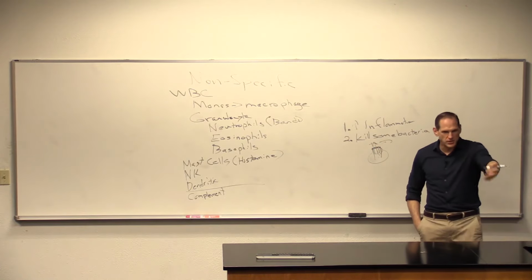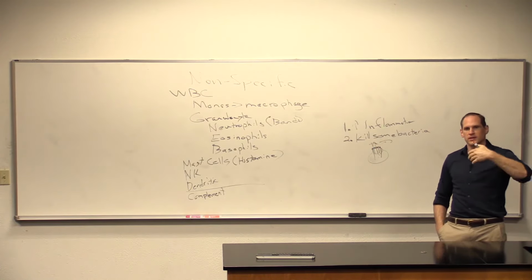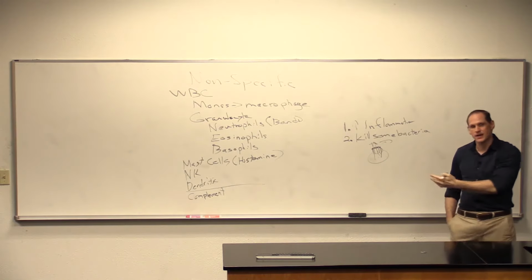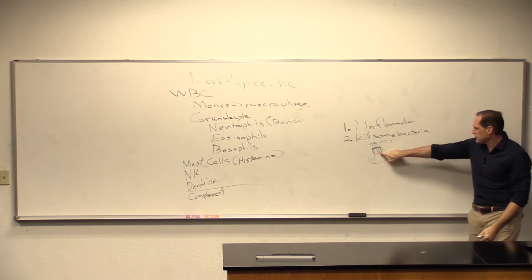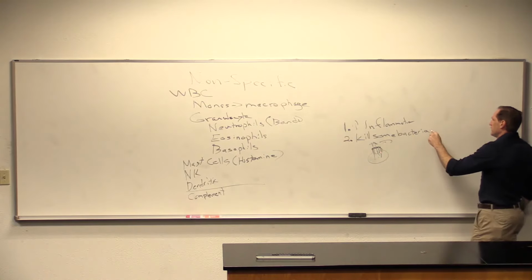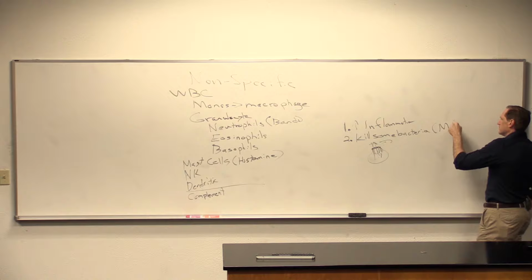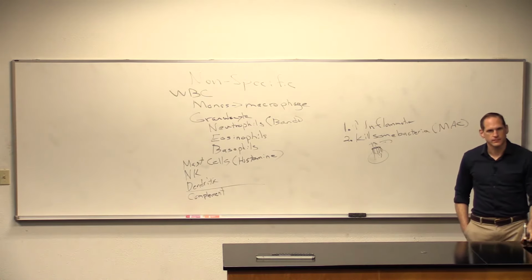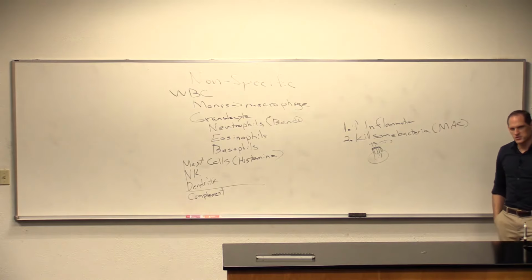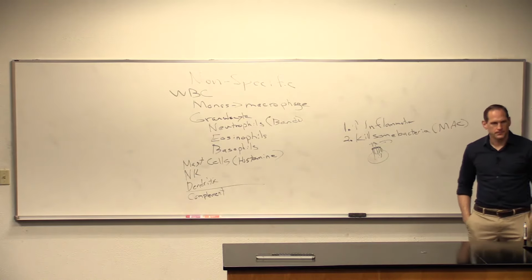So it punctures the cell wall, allowing the guts to come out, killing some weaker bacteria. Now, this little thing that does that is called the MAC, the membrane attack complex. So what's responsible for killing the bacteria?